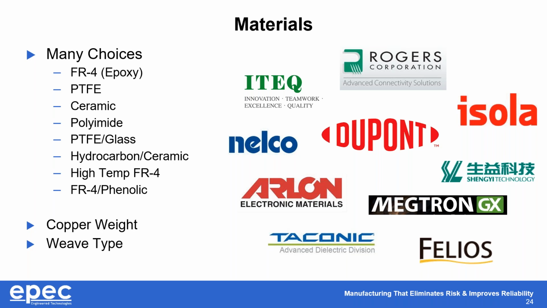So someone who is strong in Isola isn't necessarily stocking Shengyi, right? So you want to work with your fabricator to make sure that you're specifying a product that they have in-house, especially in the U.S. for quick turns.